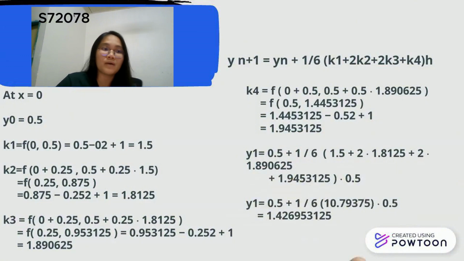Last, we want to find y1. The y1 formula is y0 plus h over 2 times k1 plus 2 times k2 plus 2 times k3 plus k4. So we get y1 equal to 1.425130.